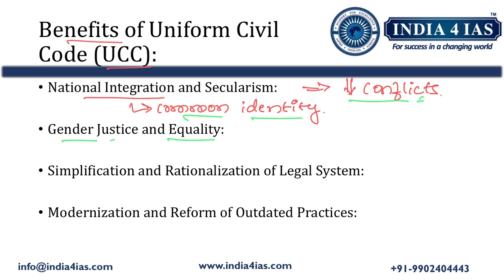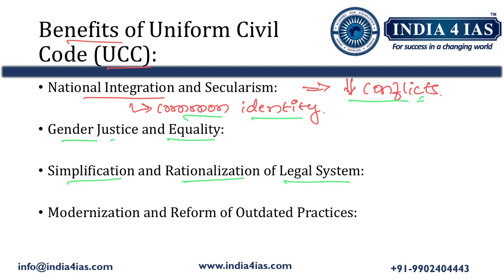The Uniform Civil Code also helps in simplification and rationalization of the legal system by removing complexities and contradictions of multiple personal laws. It also harmonizes civil and criminal laws. It addresses anomalies and loopholes arising from different personal laws, thus enhancing accessibility and understanding for common people.